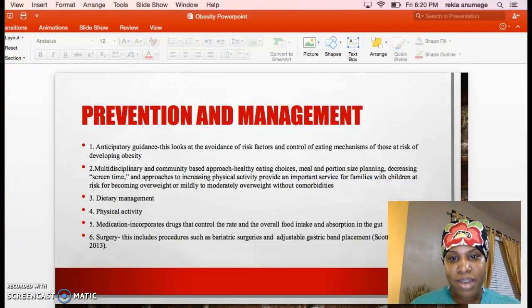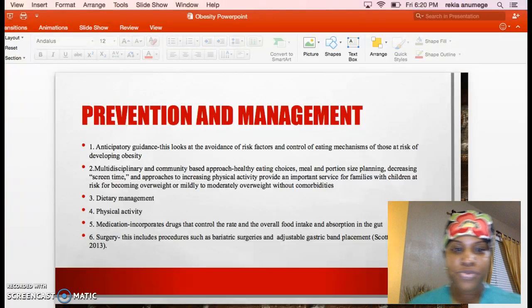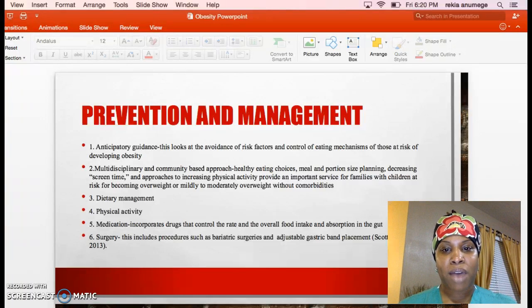Multidisciplinary and community-based approach: healthy eating choices, meal and portion size planning, decreasing screen time, and approaches to increasing physical activity provide an important service for families with children at risk for becoming overweight or mildly to moderately overweight. Dietary management, physical activity, medicine, and surgery.